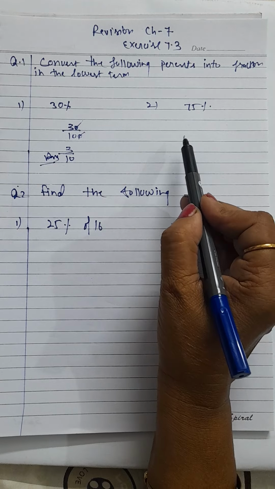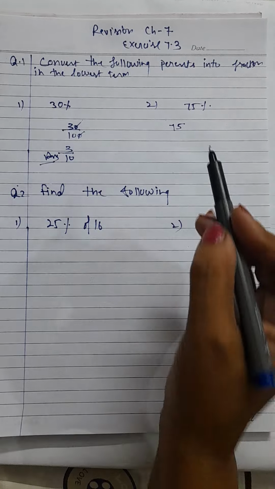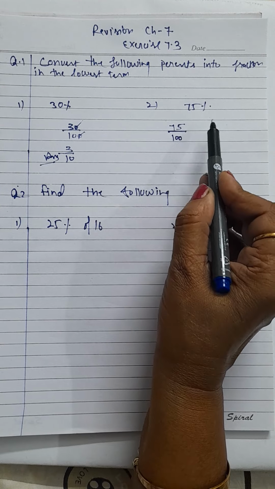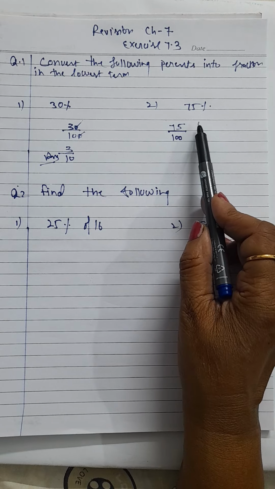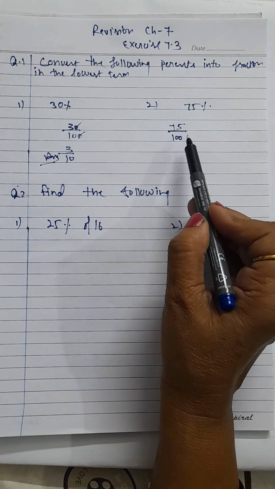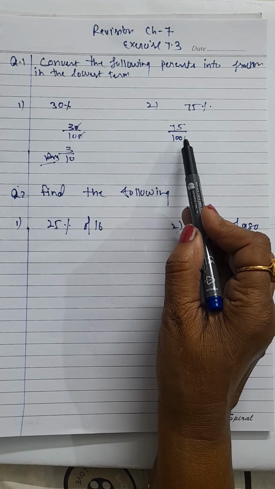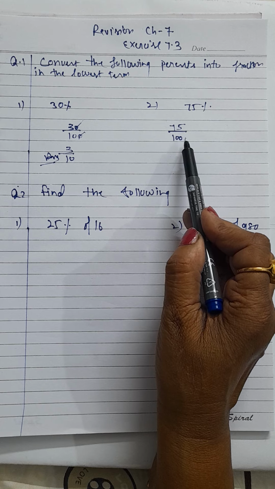Next part of the question, 75%. Remove this sign and write the denominator as 100, because percent means the denominator is 100. Now we have to cut and get the answer in lowest terms. We have to find the common factor of 75 and 100. We can cut by 5 and we can cut by 25 also, and 25 is the highest common factor.